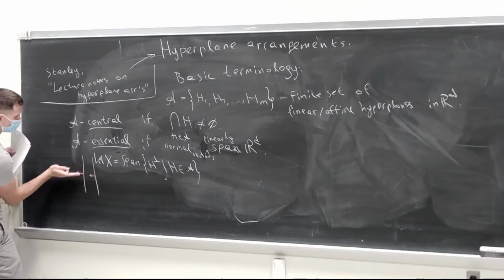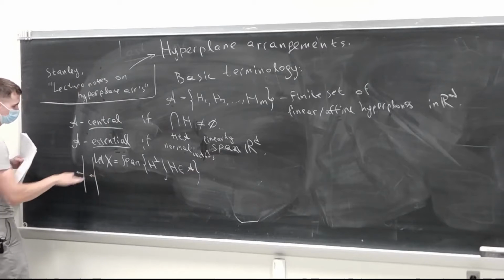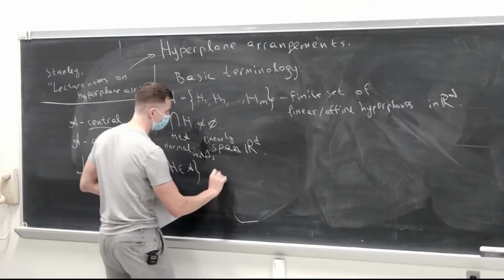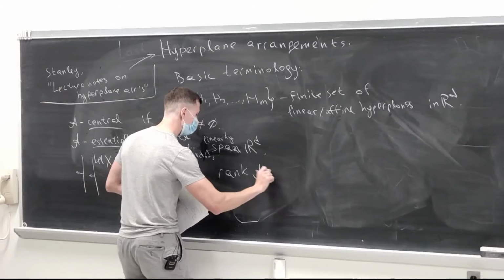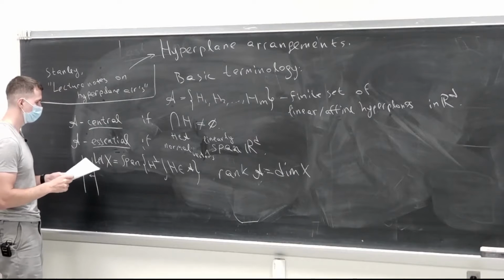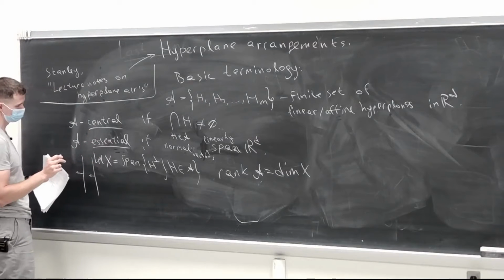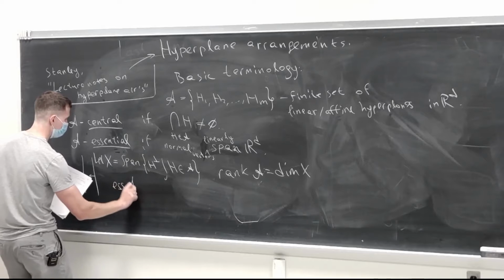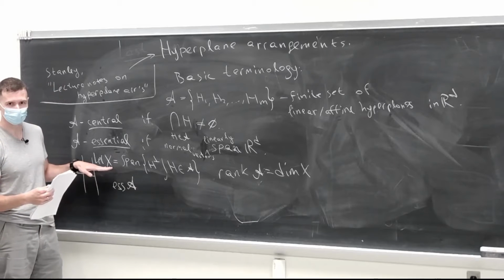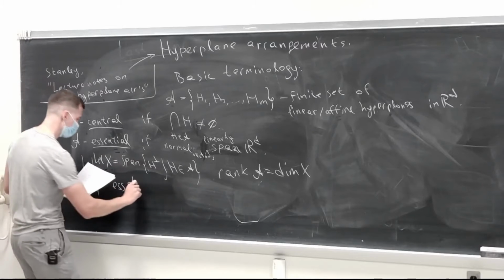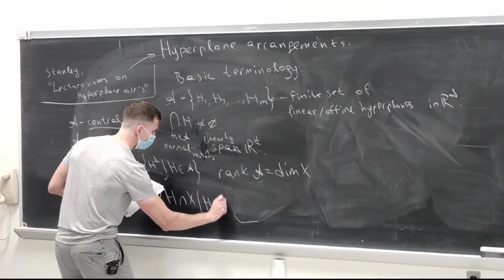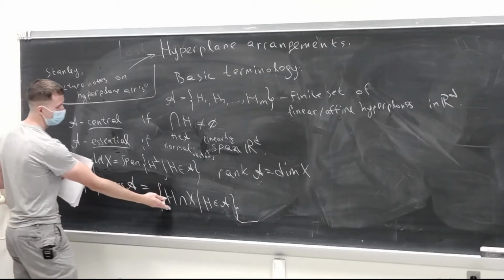In this case X would be this line right here, and the dimension of X is the rank of A. The rank of A is the dimension of X by definition, and there is something called the essentialization of A. It's denoted ess(A), and what we do is we intersect A with X: take every hyperplane H intersect X. So you get a hyperplane arrangement inside of X.